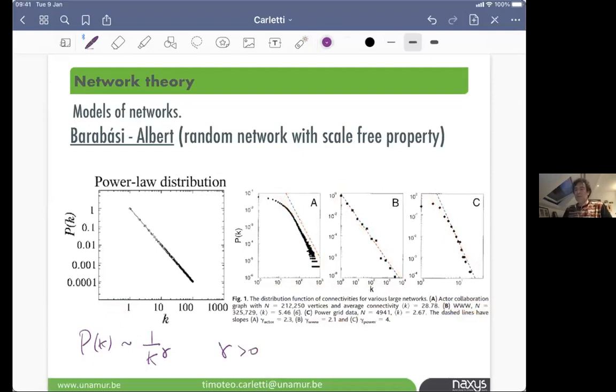So this means that if you think of friendship, there are a lot of persons with very few friends. So there are a lot of nodes whose number k is 1, 2, 3. But there are few nodes, the hubs, I would say, that have a very large number of friends. The same is true for the www. There are few pages that are connected to a large number of other pages.